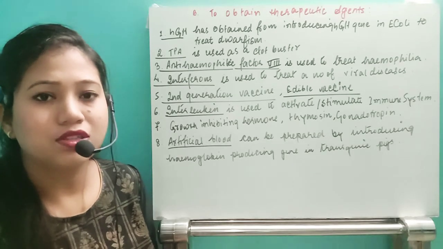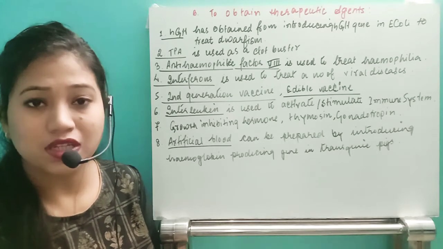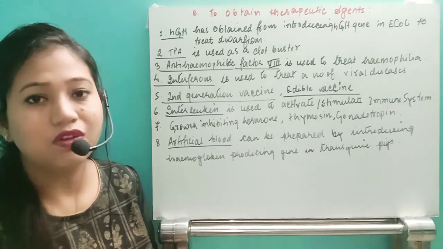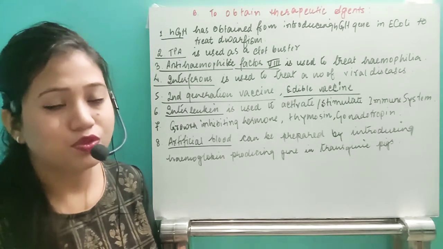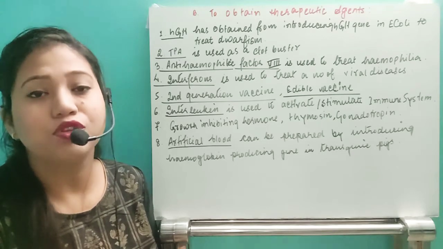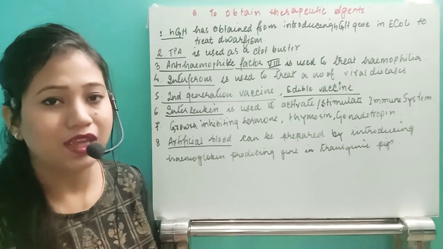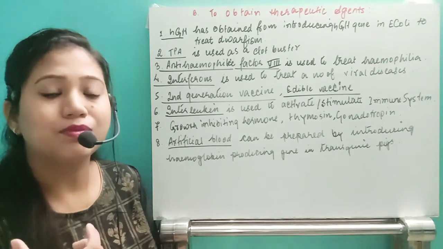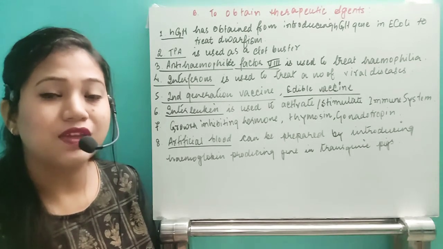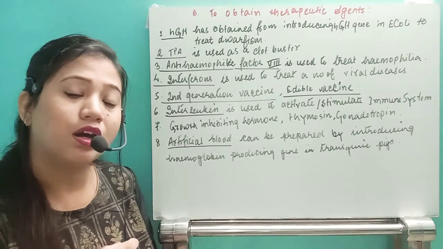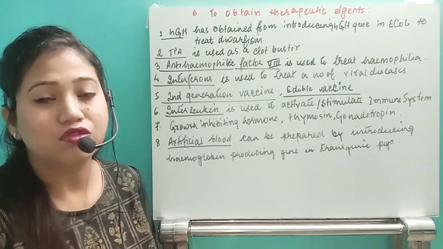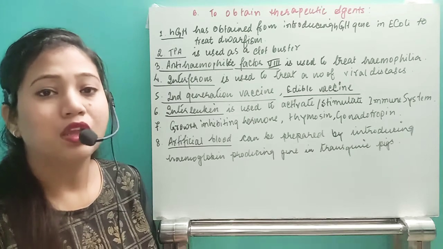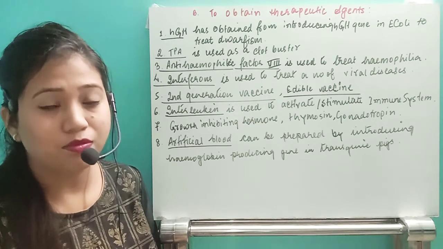We already know these therapeutic agents are proteins. These proteins are formed from a specific gene. That gene will undergo transcription to produce an mRNA, and after that it will produce the protein by the process of translation. So that specific protein or enzyme producing gene, if we can insert it into the E. coli with the help of a vector, we can make a competent transformant host.